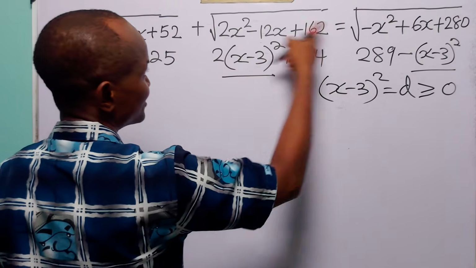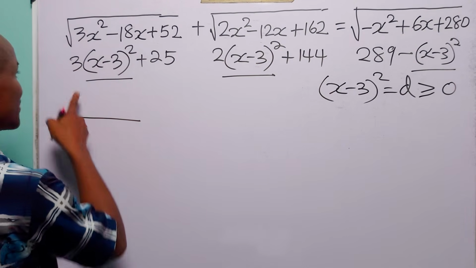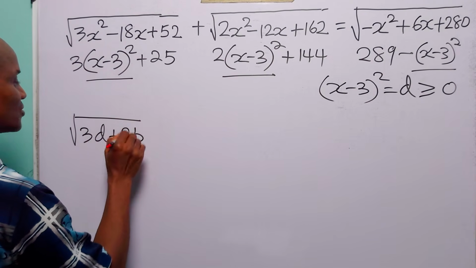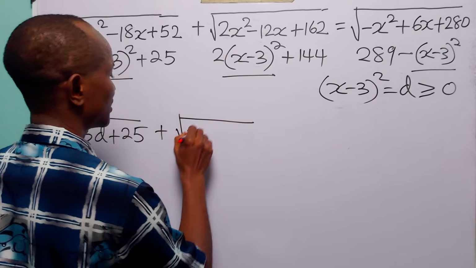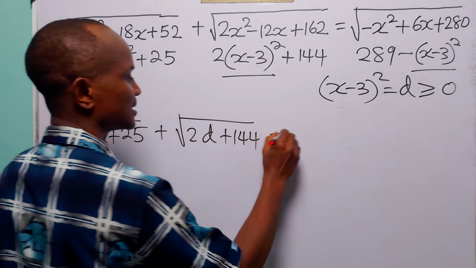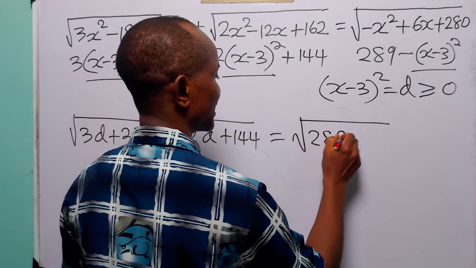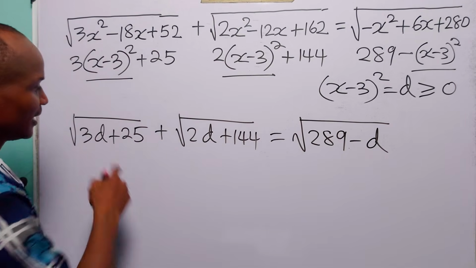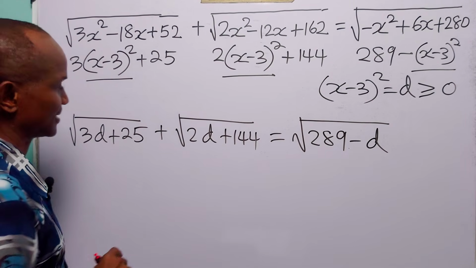Now, we can rewrite the original equation as the square root of 3d plus 25 plus the square root of 2d plus 144 is equal to the square root of 289 minus d.